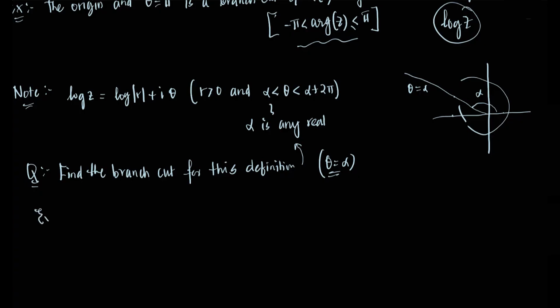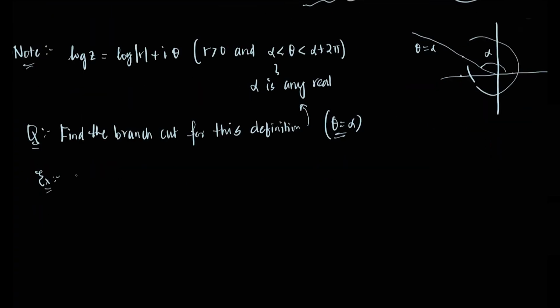It is very important that you look at the proper branch which you are talking about, because there are many properties of logarithm which do not hold here. See, let's say if we define something like this: the principal log of i cubed, let's find it. What is it? i cubed is minus i, right?